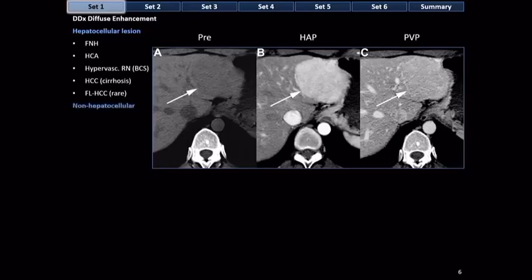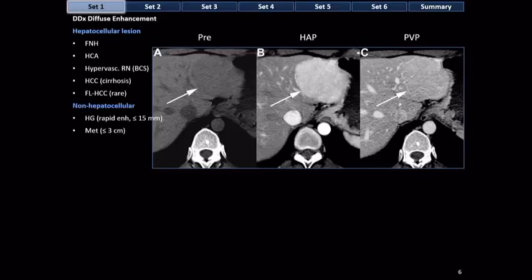HCC. Now, occasionally, diffusely enhancing masses are not hepatocellular, and the differential includes small, rapidly enhancing hemangiomas and small so-called hypervascular metastases. So hemangiomas that are up to about 15 millimeters can enhance homogeneously. Once they get bigger than 15 millimeters, they very rarely enhance homogeneously.